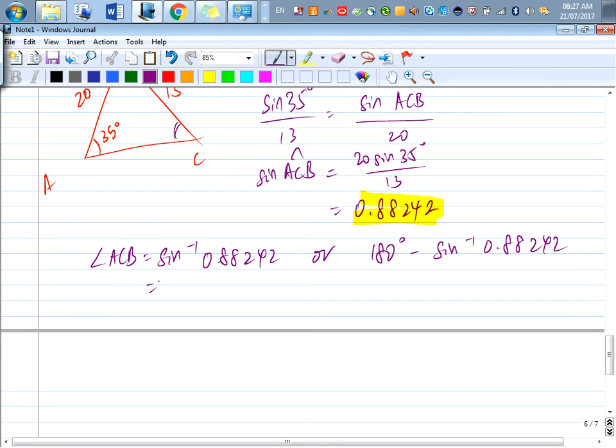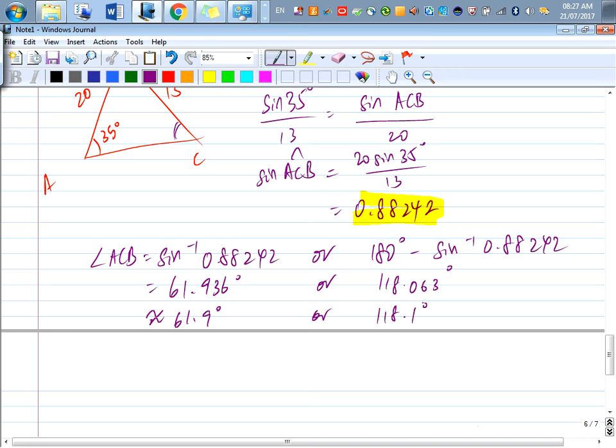So work this out. Francis, do you get this also? Yes, Ali? No, angle always 3 decimal places. Yes.